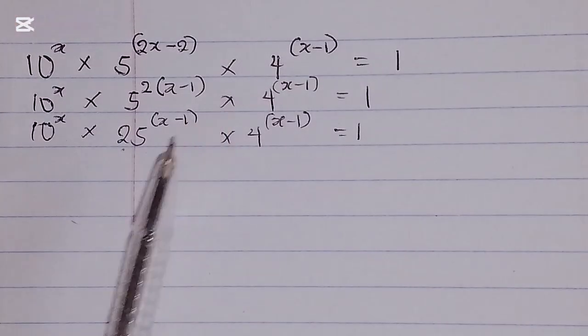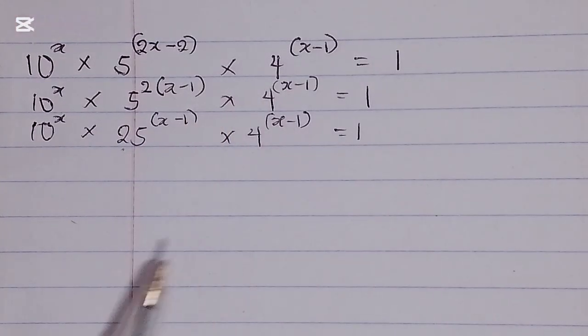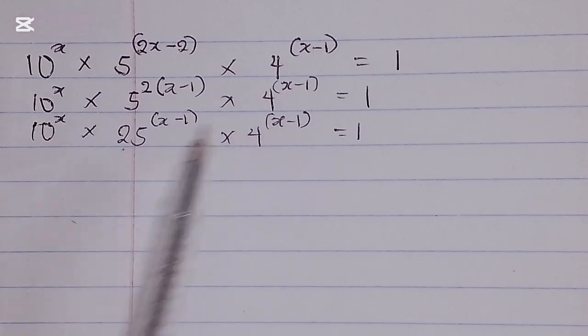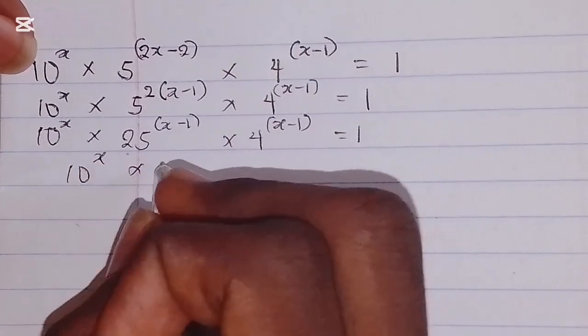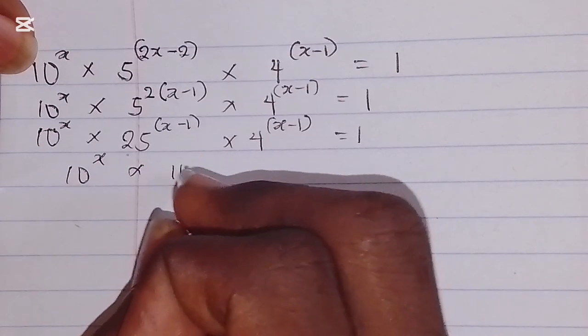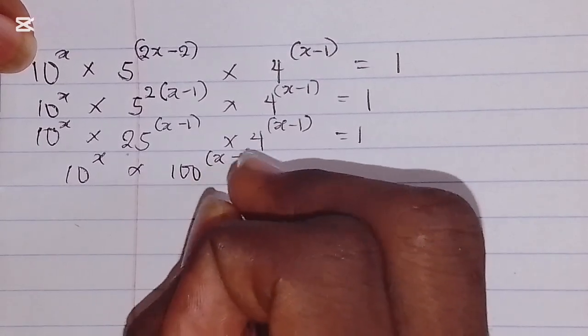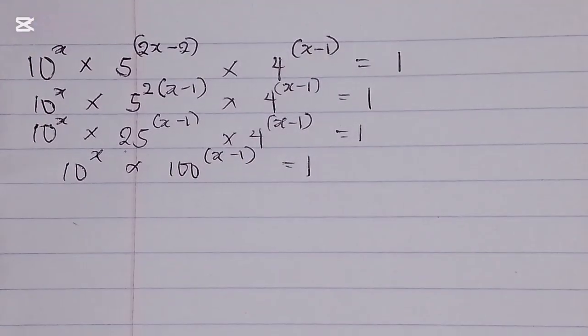Okay, since they have the same power now, it is suitable for us to multiply these two bases together. And now we have 10 to the power of x times 25 times 4 is 100 to the power of x minus 1 equals 1. So let us equate all our bases.